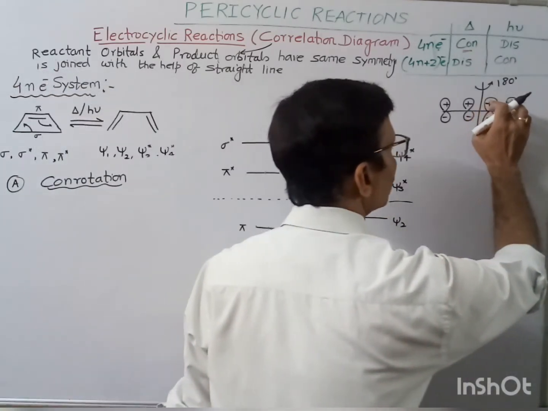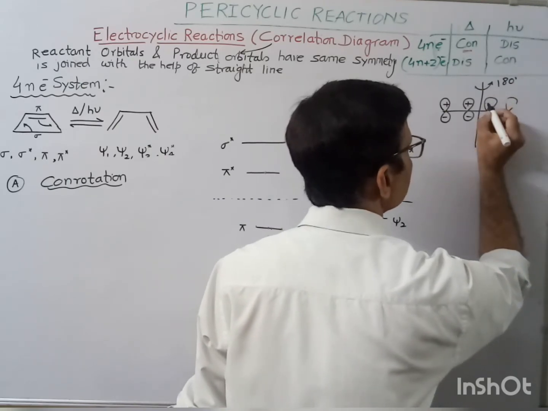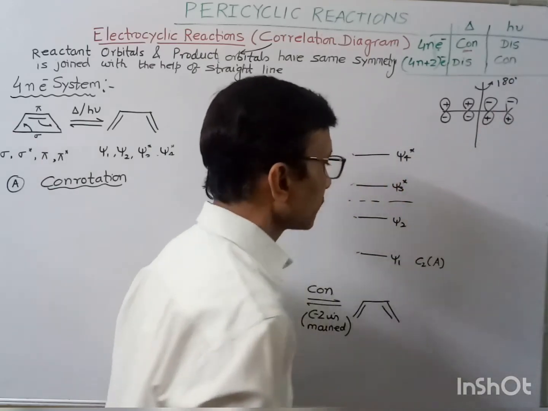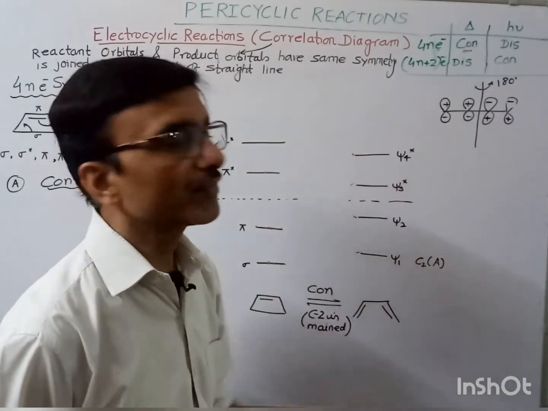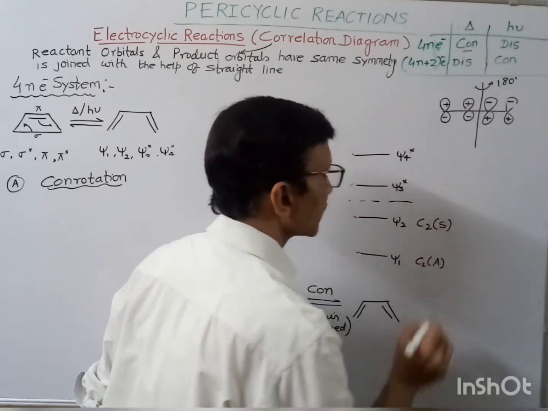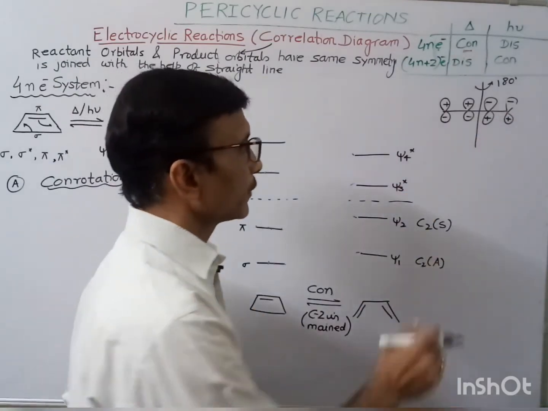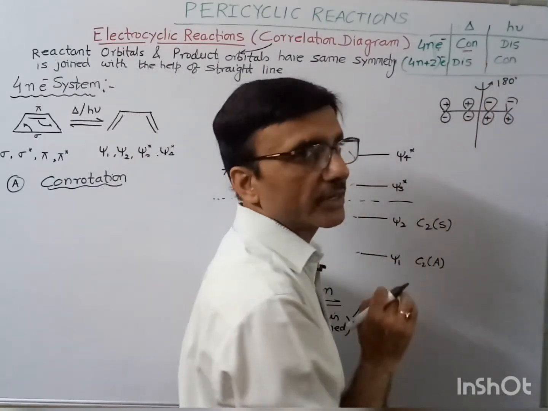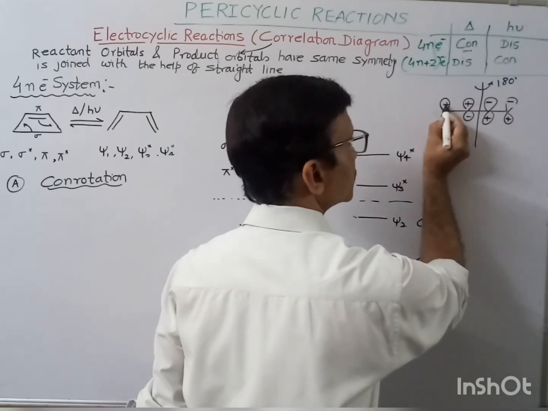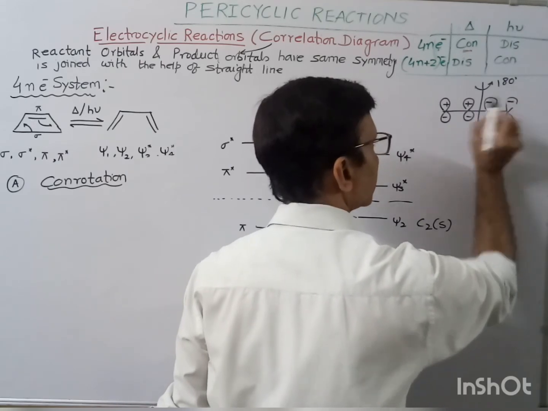Whereas if you see psi 2, this is negative, positive, positive. This is symmetric with respect to C2. Why? Because if you rotate it by 180 degrees, this plus will go to this plus place, and this minus will go over here to this minus.